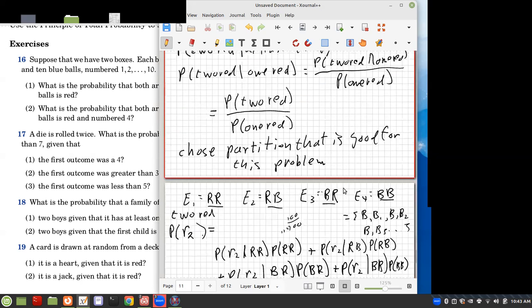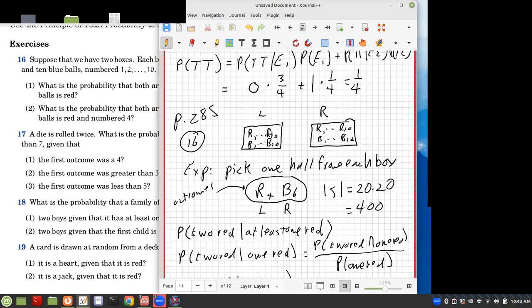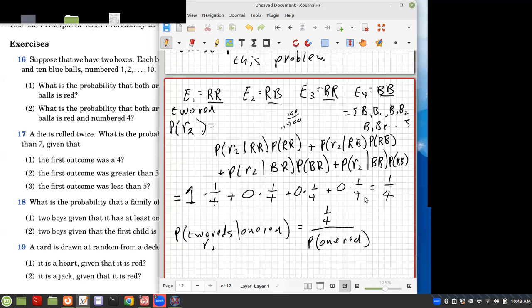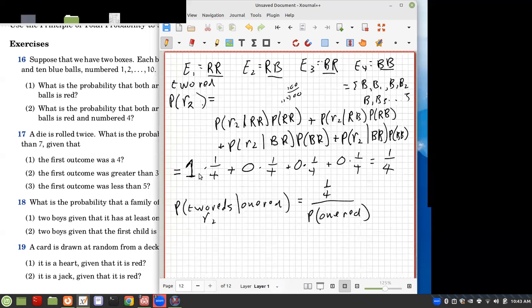This is the law of total probability, but if you look at these, the number of ways you can get a red here and a red here is going to be 10 ways to get a red here and 10 ways to get a red here. So the number of RRs is going to be 100 and the total number is 400. So the probability is 1/4. So this is just not so hard.